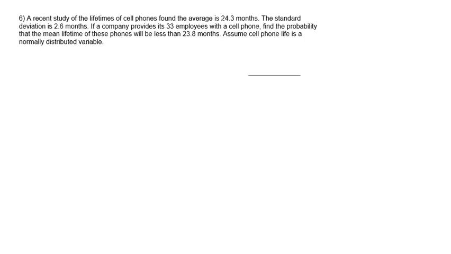I am asking you for the probability about the mean lifetime of a sample. I am asking about the probability a sample mean is less than 23.8 months. That's what I'm asking for.